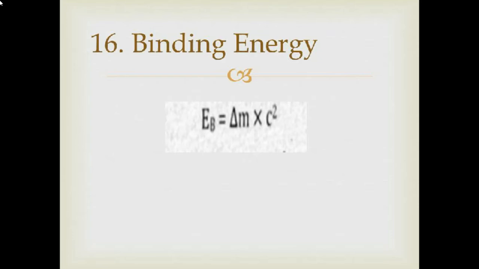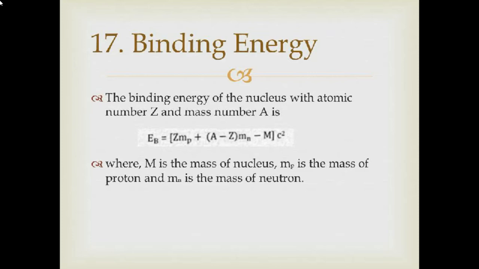Remember this formula, binding energy E suffix B is equal to delta M into C square. Numericals based on this formula can be asked. The binding energy of the nucleus with atomic number Z and mass number A is given by E_B equal to Z times M_P plus A minus Z times M_n minus M, into C square, where C is the velocity of light, capital M is the mass of the nucleus, M_P is the mass of the proton, and M_n is the mass of the neutron.